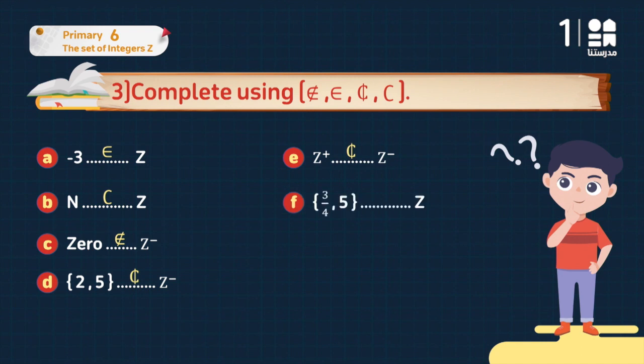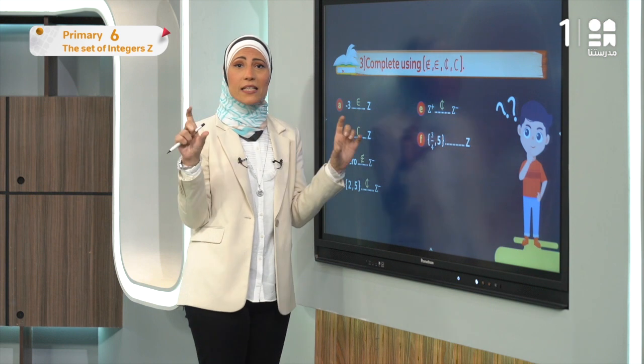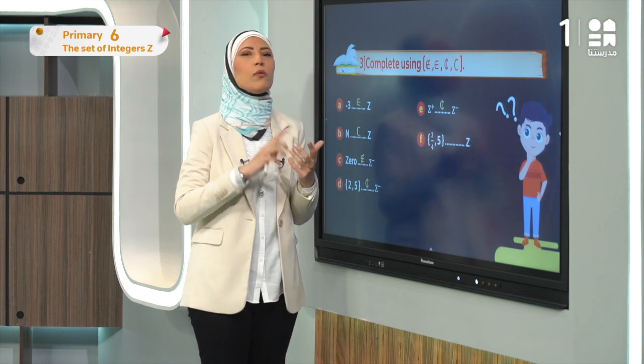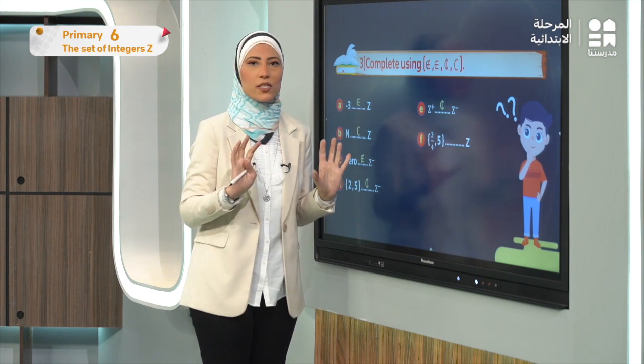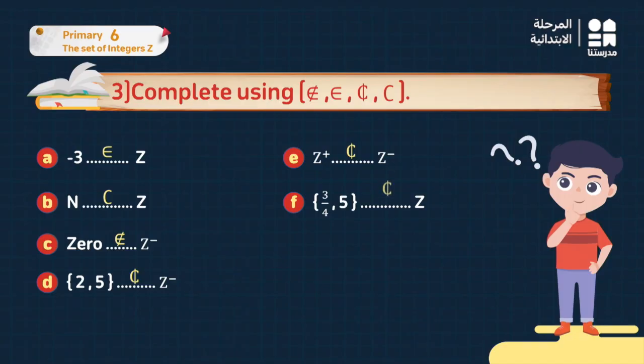Fractions: take care that z has no decimals and no fractions. There are only whole integers. So I cannot say it's a subset. It's not a subset because I have 3/4. 3/4 is a fraction, so I cannot say it's a subset of z. 15 out of 5 is a fraction, but if you simplify it you will find a 3.